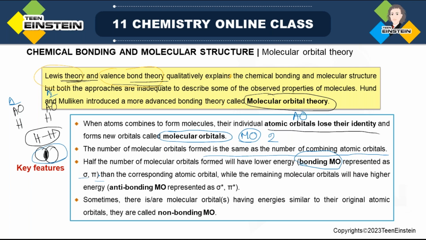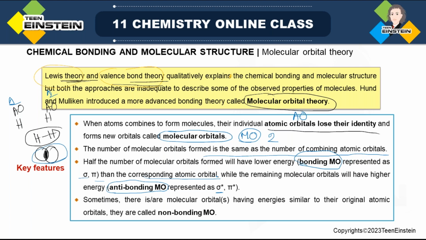But the other half, the remaining molecular orbitals, will have higher energy and will be called anti-bonding MO. Now the sign is different. There will be stars, superscript to sigma and pi. So half the number of molecular orbitals formed will have lower energy, represented as normal sigma and pi, than the corresponding atomic orbital.